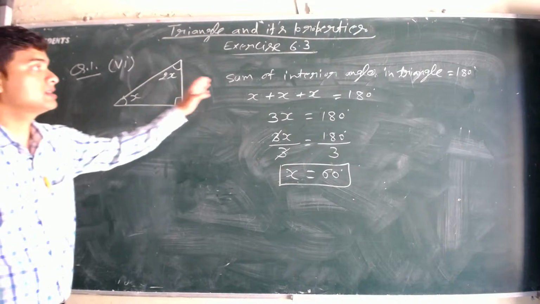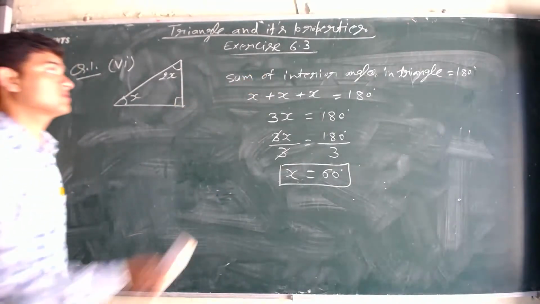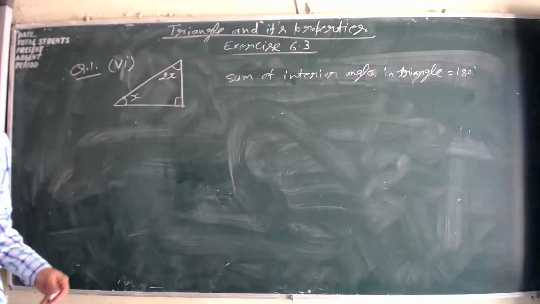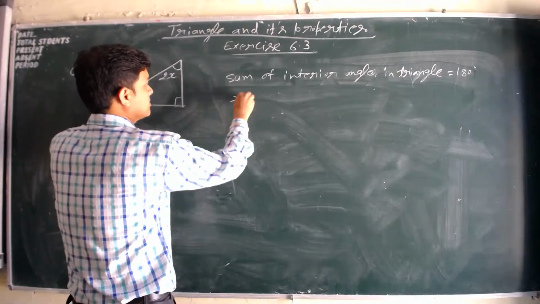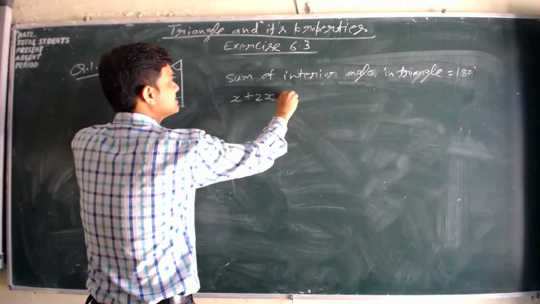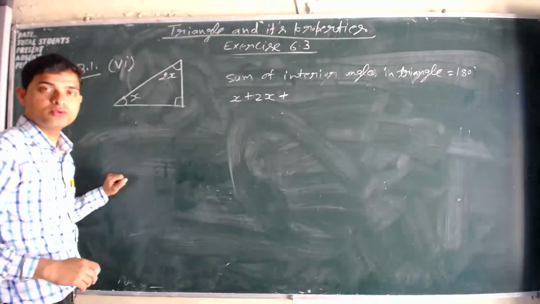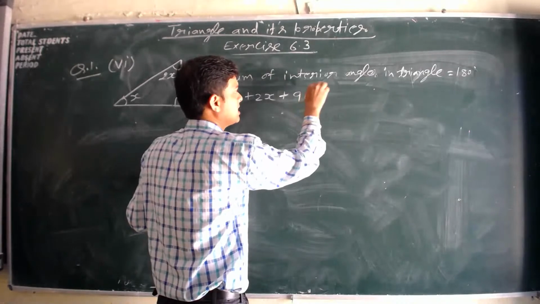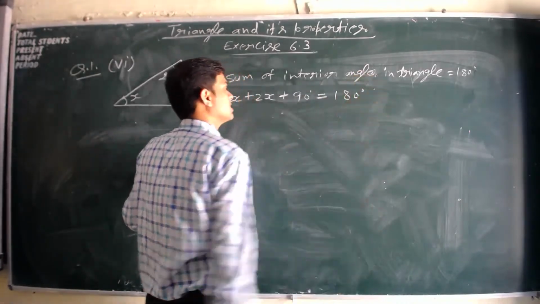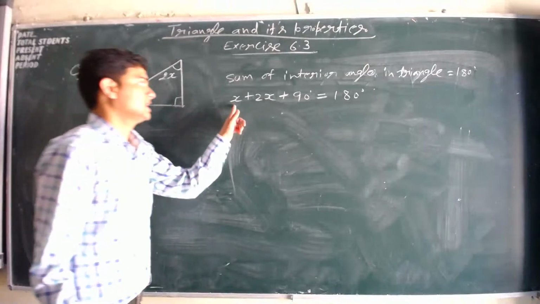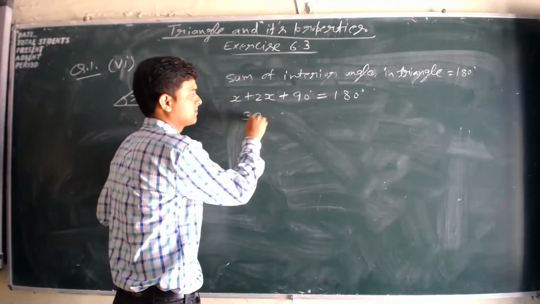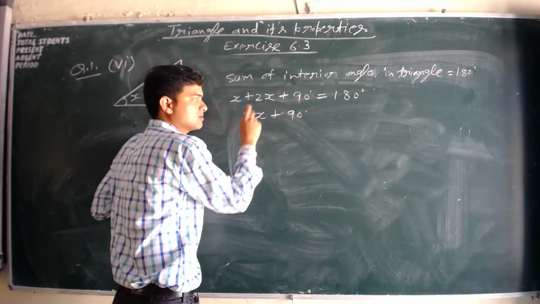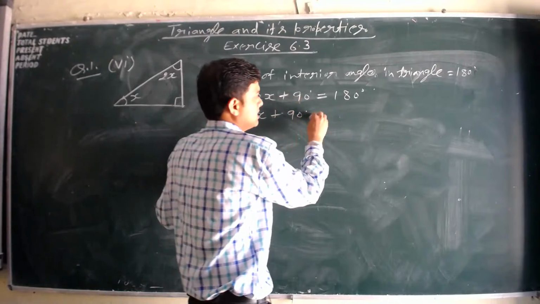We know that the sum of interior angles in a triangle is equal to 180 degrees. Now the sum of three angles, x plus 2x plus this is equal to 90. मैंने हमेशा बताया कि जो ड्रॉ होगा it means it is 90 and the sum of the angles is equal to 180. Now x plus 2x is equal to 3x plus 90 is equal to 180.